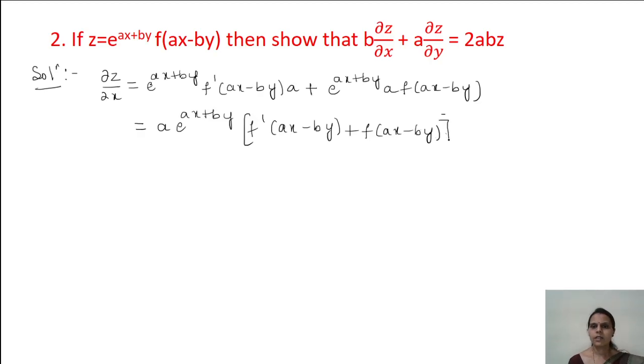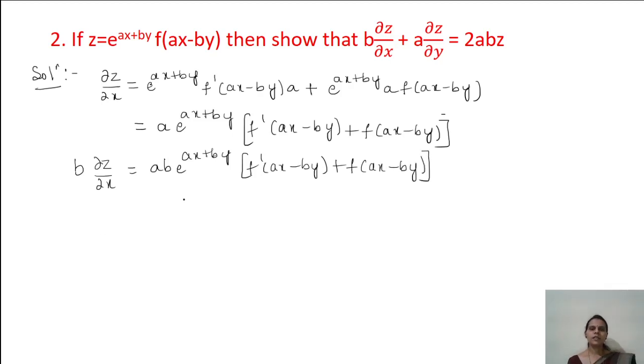So now multiplying this dou z by dou x by b on both sides, we get b into dou z by dou x is equal to ab e power ax plus by into f dash of ax minus by plus f of ax minus by.